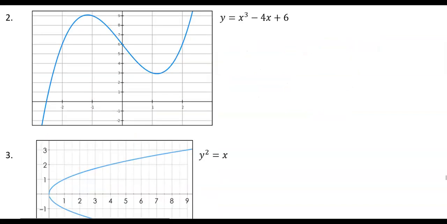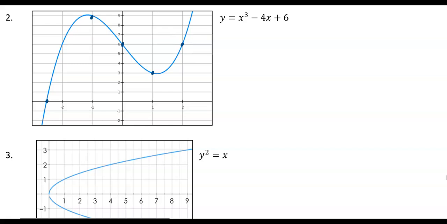In this second graph, we can see it's a cubic function. If you just pick a couple of values, pick this value here, which would be -2.5, -2.5 goes to one value. -1 goes to one value. 0 goes to one value. 1 goes to one value. 2 goes to one value.